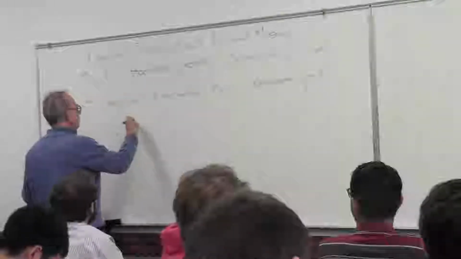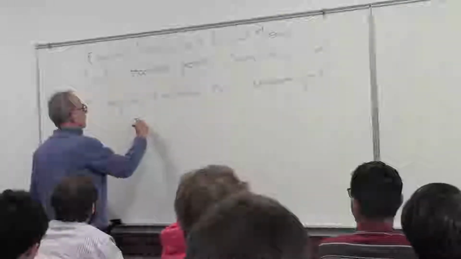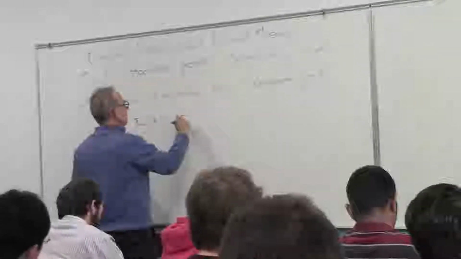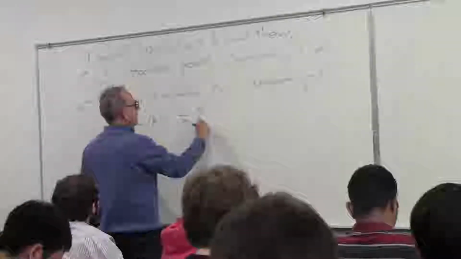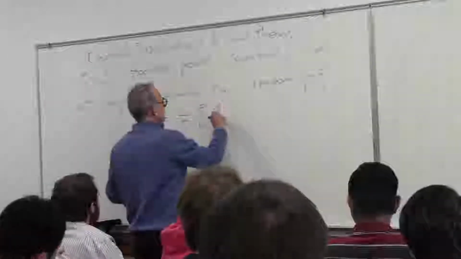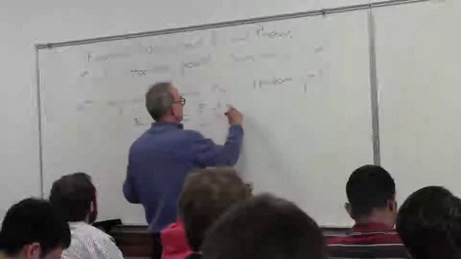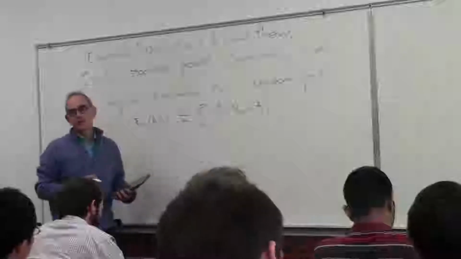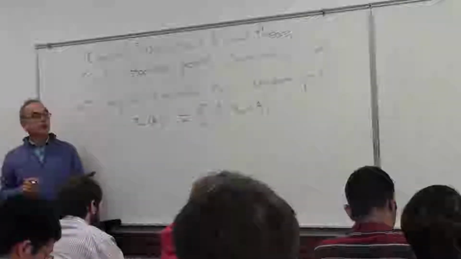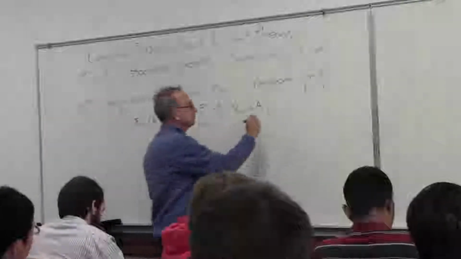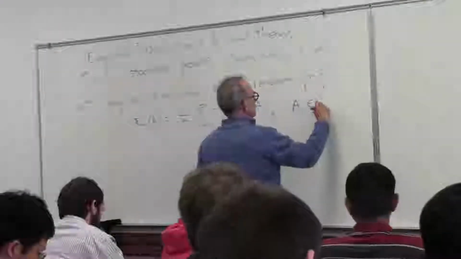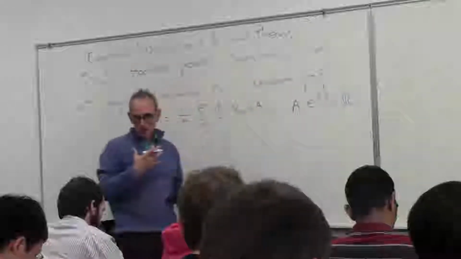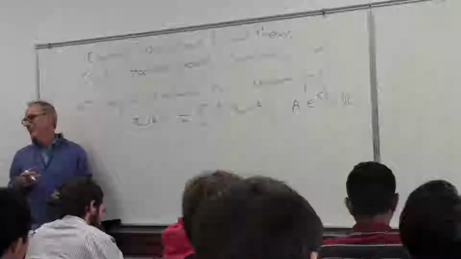And it's defined as follows: pi m of any set A is equal to 1 over m, the sum from k equals 1 to m, of the indicator function that xk is in A. All right, big deal. We'll restrict to the Borel sigma algebra in R, though we don't need to.